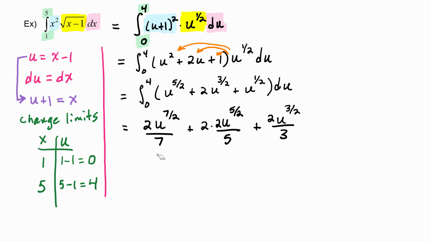Now we have to take this whole thing, put it in a big bracket, and evaluate that from 0 to 4.